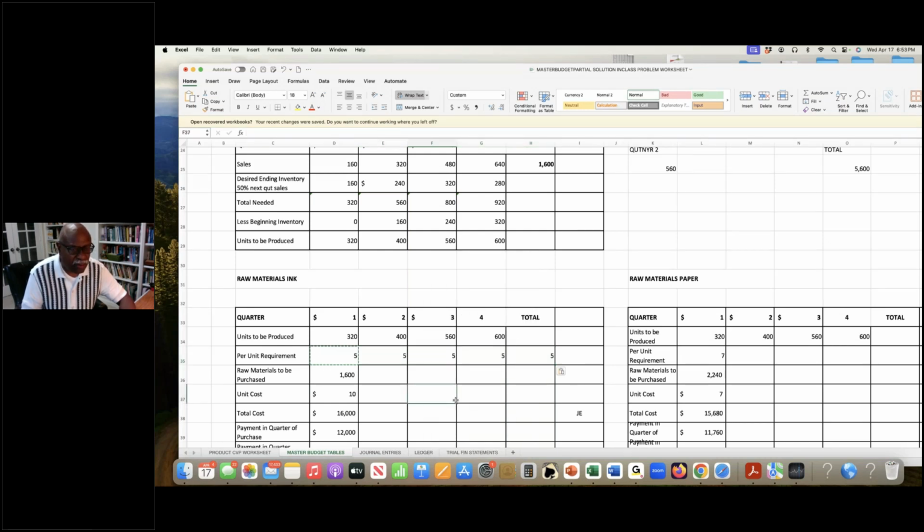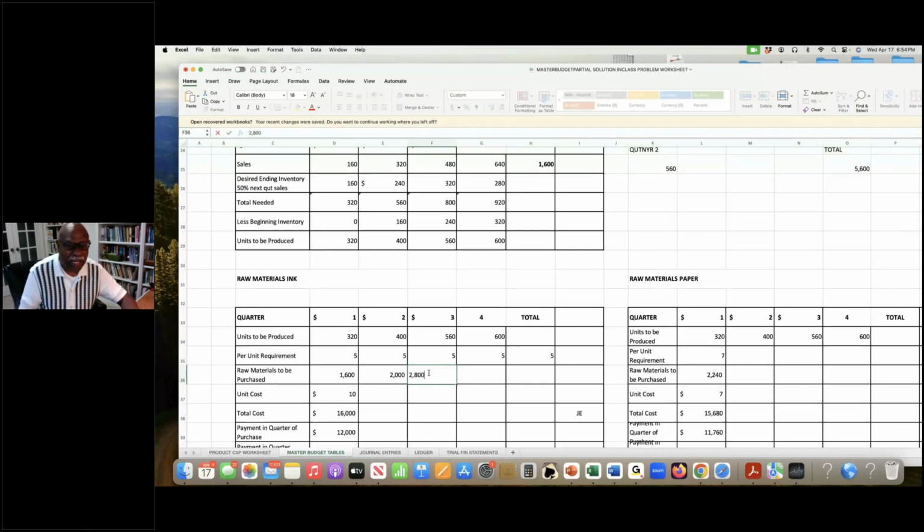Now, the raw materials to be purchased, 5 times 320 was 1,600. 5 times 400 is what? 2,000. So we need 2,000. Does everyone see the 2,000? What's our quantity that we're going to have to purchase the third quarter? We're going to have 2,800.